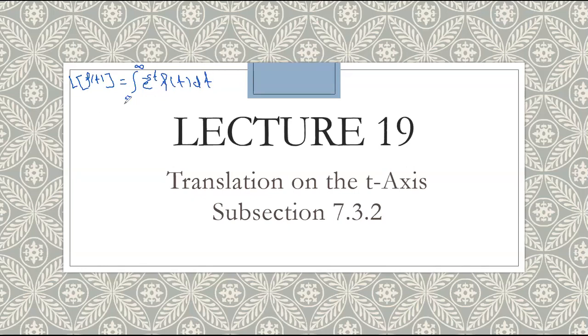I call this one F of s. Also, if you have a function f of v, no problem, the integral from 0 to infinity of e to the negative s v f of v dv is given to be F of s.